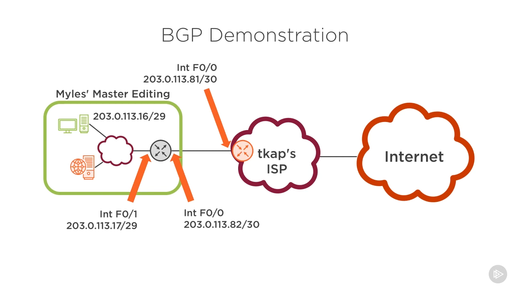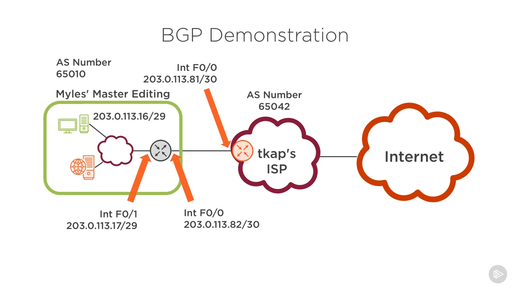In addition to IP addresses, we're also going to need autonomous system numbers. Now, the autonomous system numbers I've chosen here for Miles Master Editing is 65,010, and then for TCAP's ISP is 65,042. Those AS numbers are private AS numbers, just like we have private IP space in IP version 4.